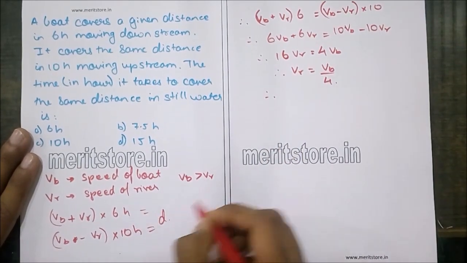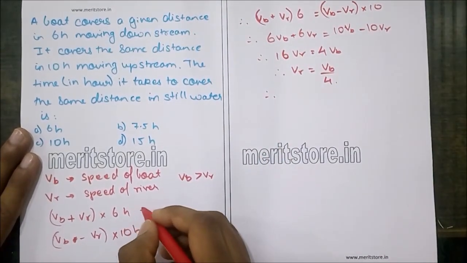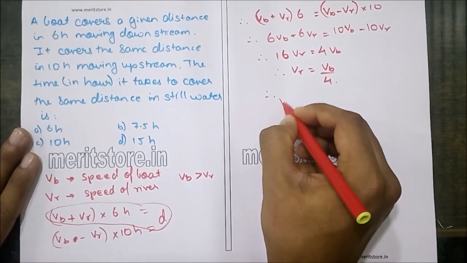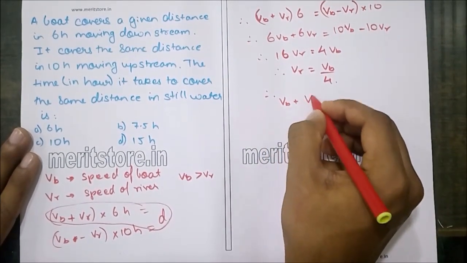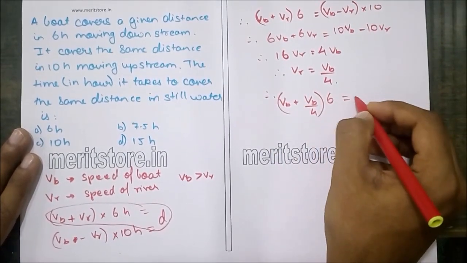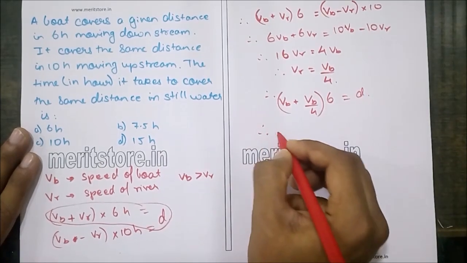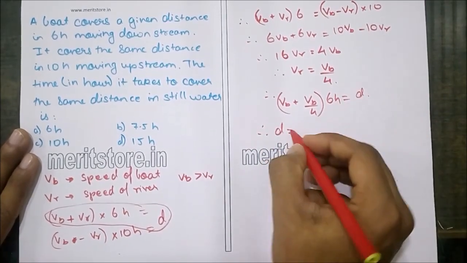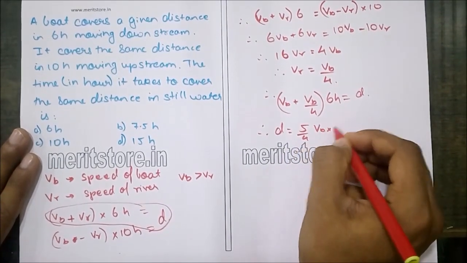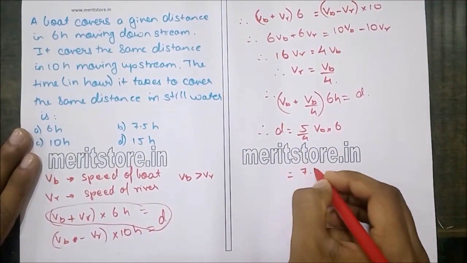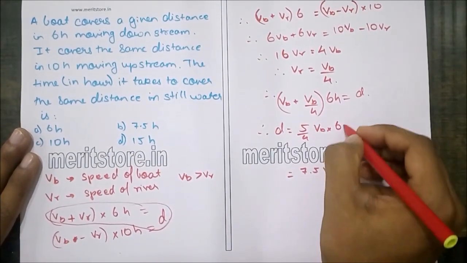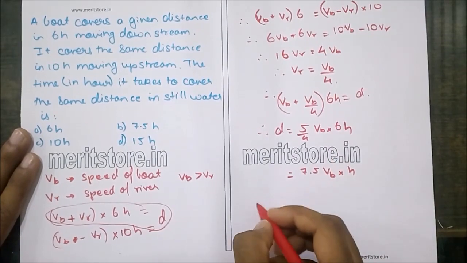Substituting the value of Vr, we get Vb plus Vb by 4 times 6 is equal to d. Therefore, d is equal to 5 by 4 Vb into 6, which is equal to 7.5 Vb into h, or hours.